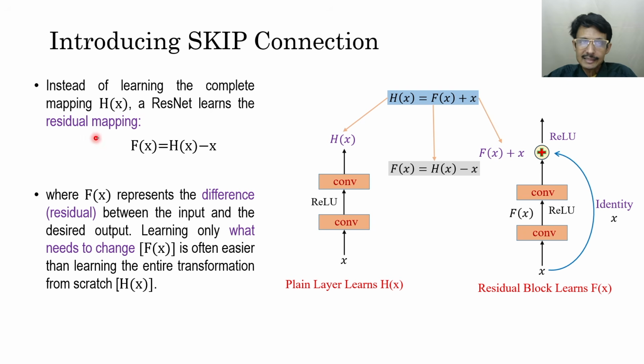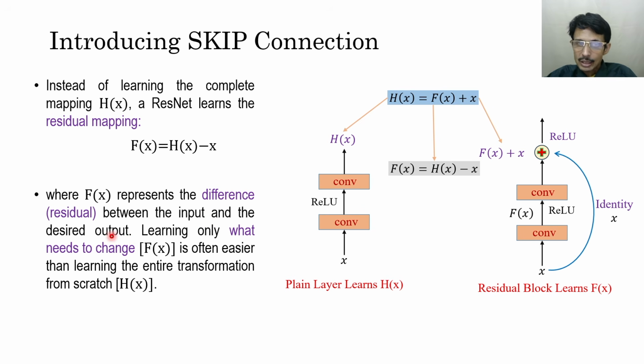ResNet learns the residual mapping, where Fx is Hx minus x. One thing you can understand is that it is a complete mapping Hx, but for ResNet we map something a bit simpler because of the minus x. So Fx represents the difference, or residual, between the input and the desired output.